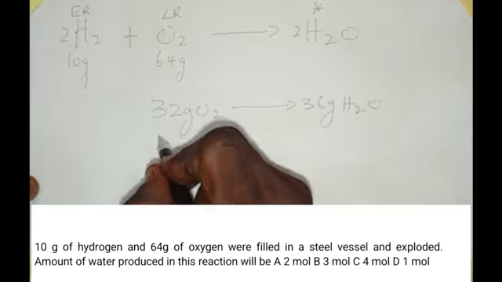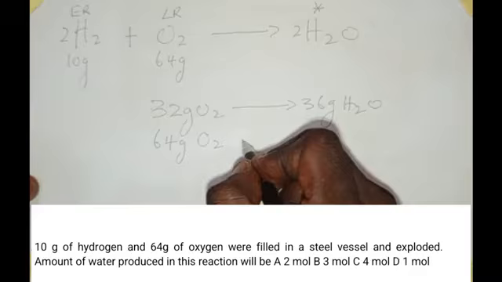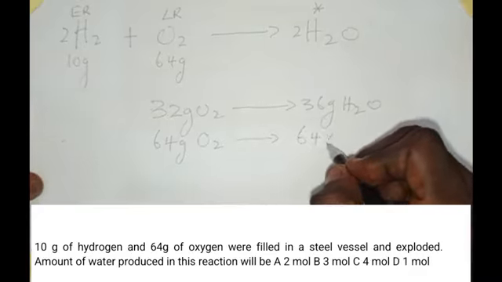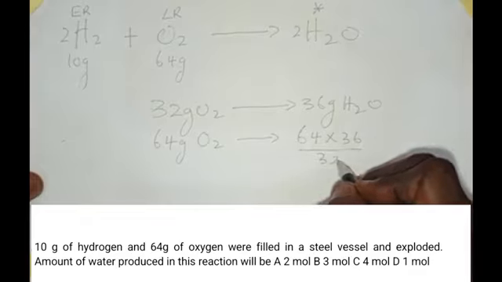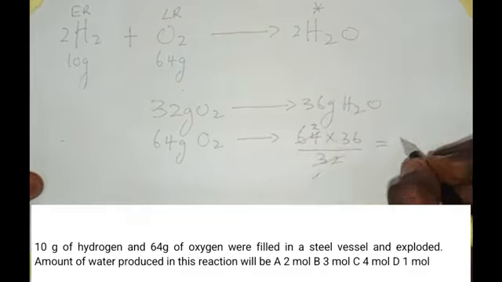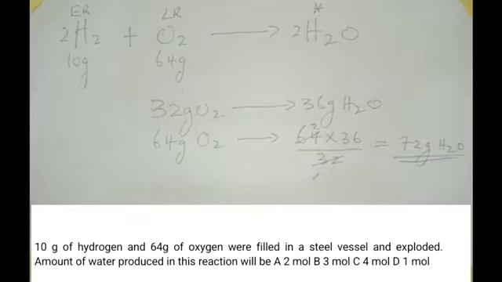So therefore, 64 grams of oxygen is expected to produce, I'm going to cross multiply, 64 times 36 all over 32. So 32 cancels to give us 2. 2 times 36 is equal to 72 grams of water. Now the question is asking us the amount in moles of water.